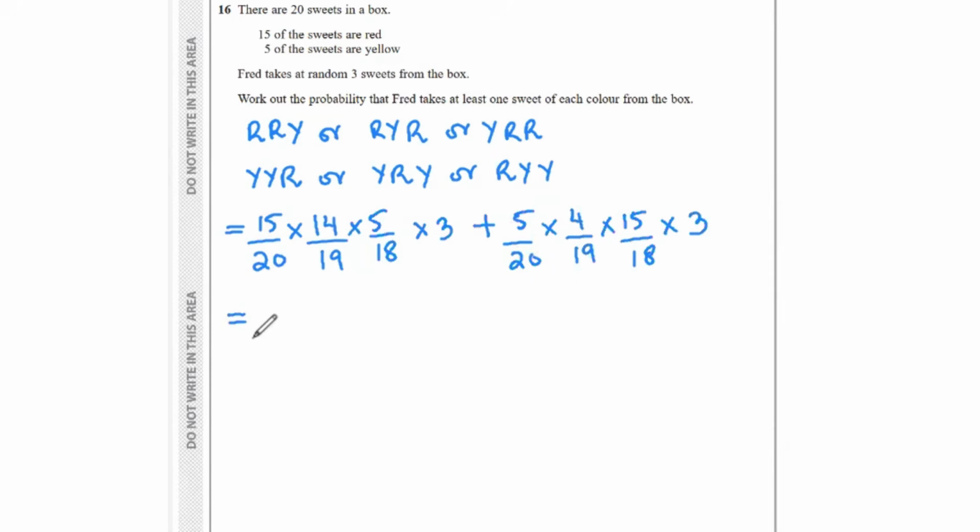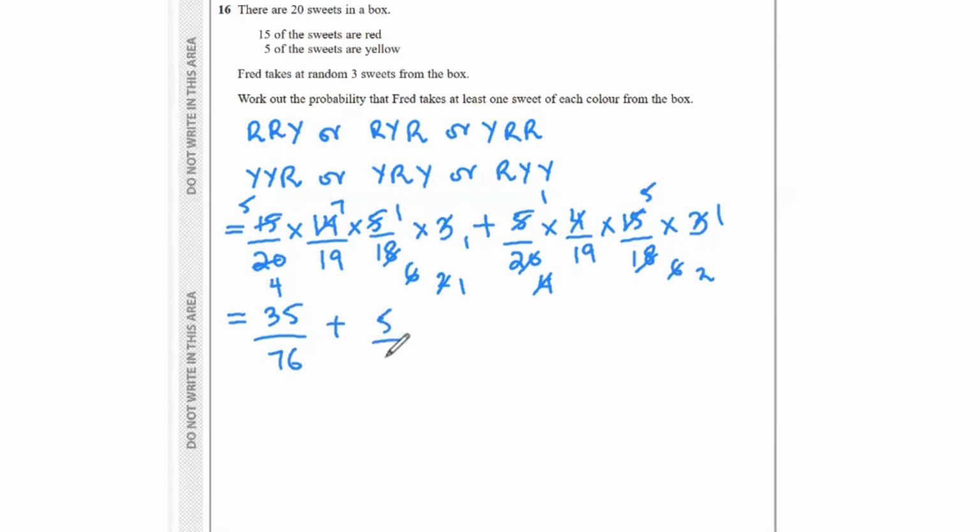So now if we simplify this, 5 ones are 5, 5 fours are 20, 3 ones are 3, this becomes 6, this is 5, this is 2, this is 2, this is 7. So that is 35 over 76. 5 ones are 5, this is 4, 4s get cancelled out, 3, 1, 6, 5, 2, so that's 5 over 38.